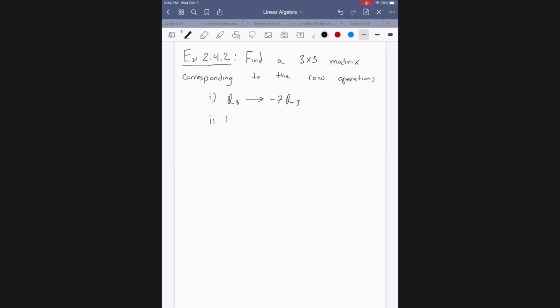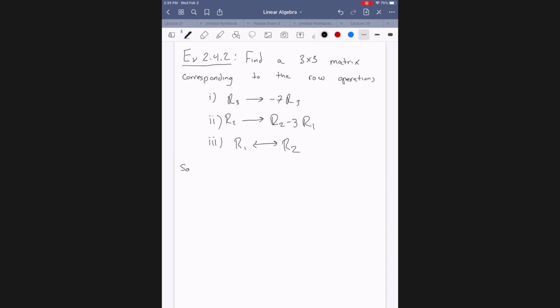Then we want to replace R2 by R1 plus R2. I guess I could just make it less confusing: R2 minus 3R1. And then last but not least, let's interchange row 1 and row 2, okay?